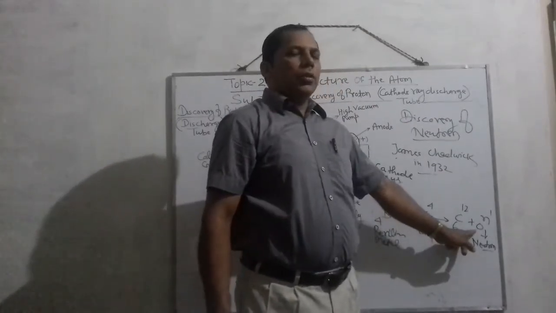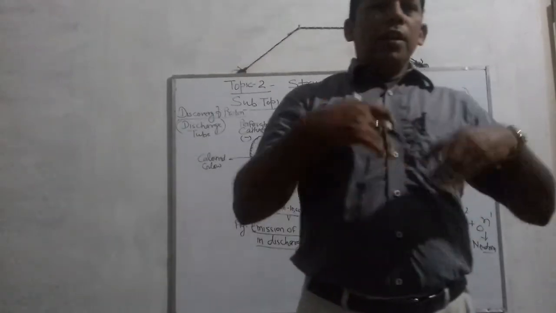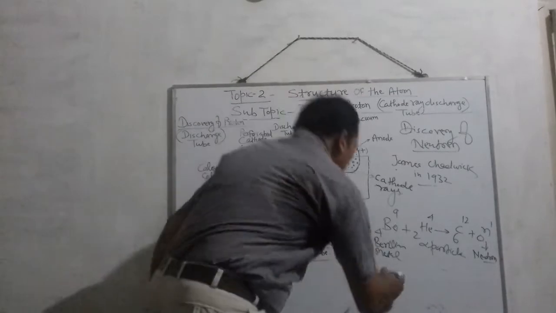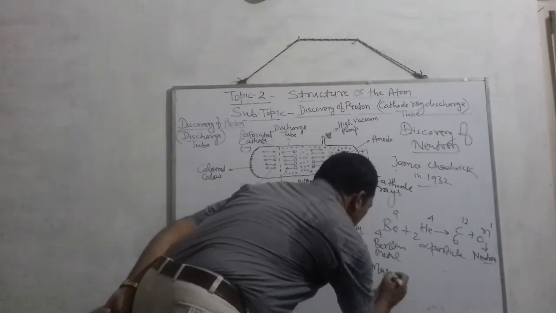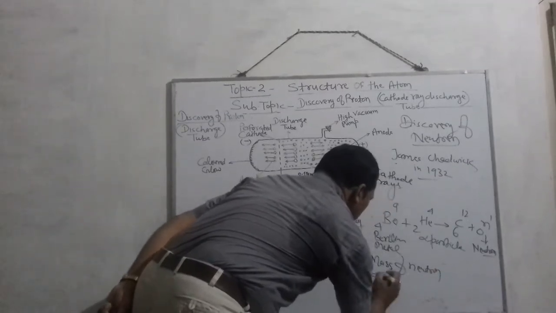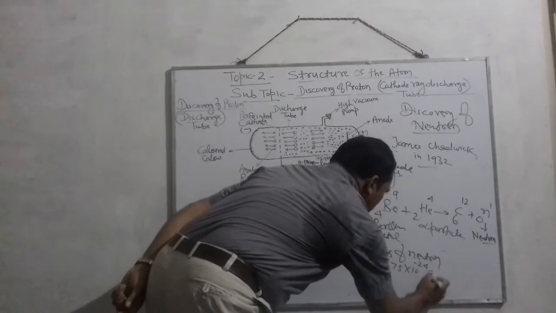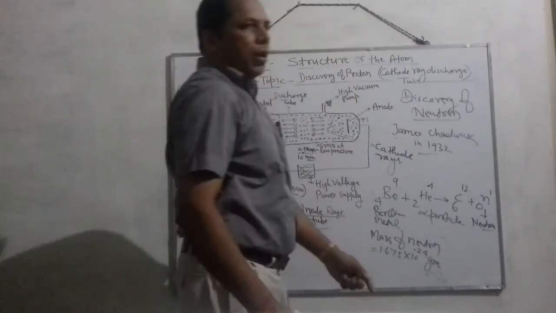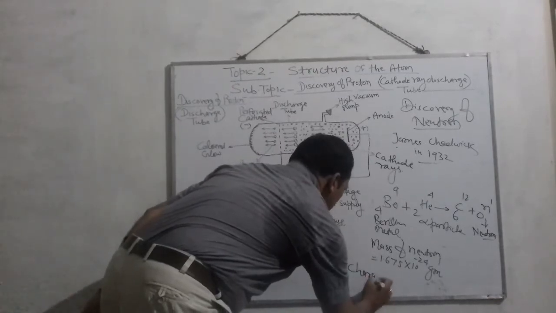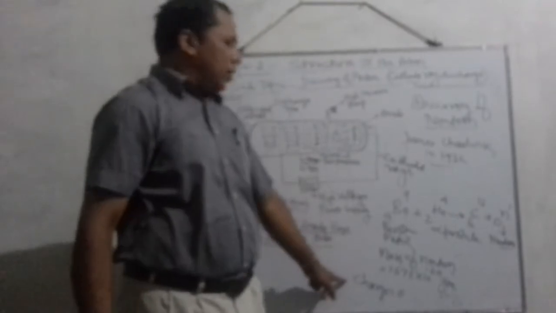It has charge 0, and the mass of the neutron is nearly equal to the mass of the proton. The mass of the neutron is 1.675 into 10 to the power minus 24 grams, and the charge on the neutron is 0. That's why it is called a neutral particle.